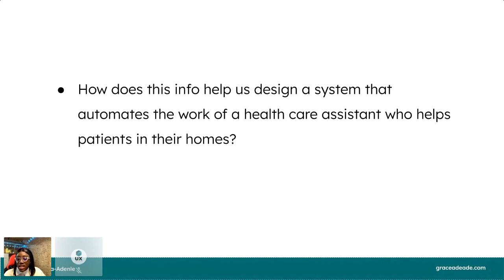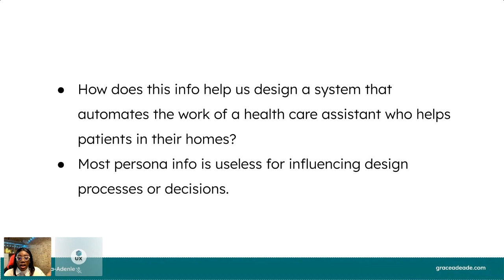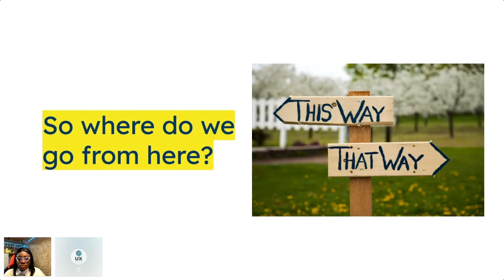I have some friends that do this work of healthcare assistants, and I wonder if we have such a person, how does it help us to create a system that would solve some of the issues they are facing? Like I've said a couple of times, most personal information is not very useful when it comes to influencing design processes or design decisions. So after all said and done, after everything I've said, where do we go from here?